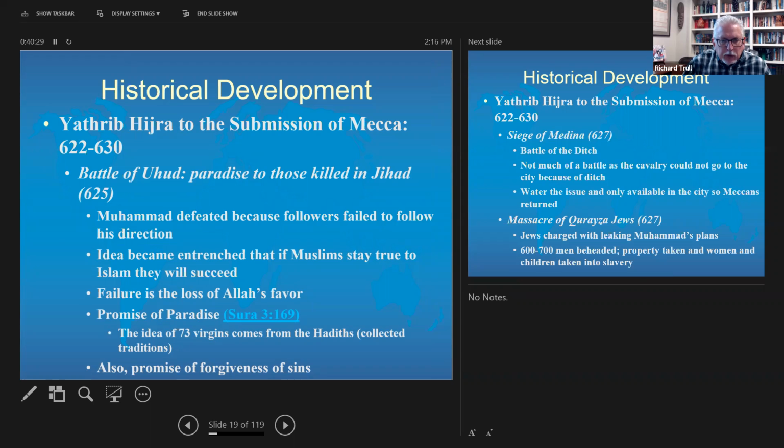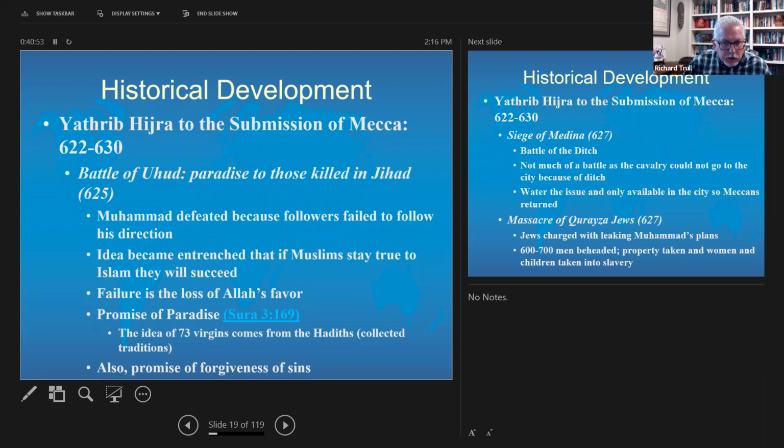But at this point, the idea became entrenched that if Muslims stay true to Islam, they will always succeed. And this is still today a very important understanding of Islam because they feel that God will not let them fail if they're really doing what He says.